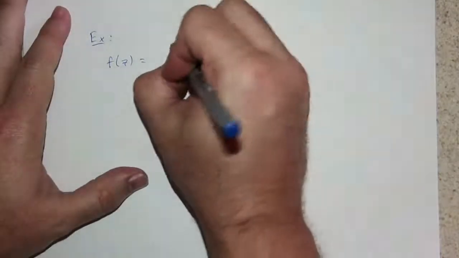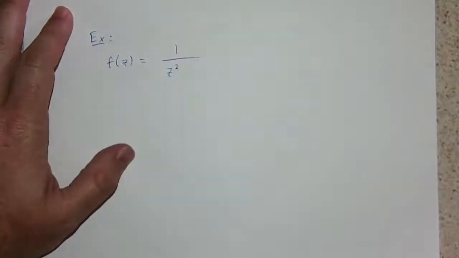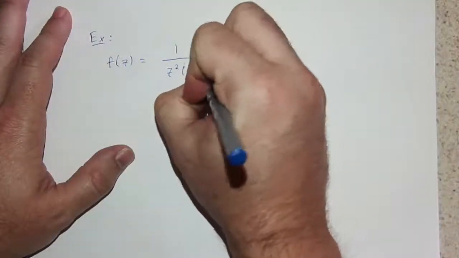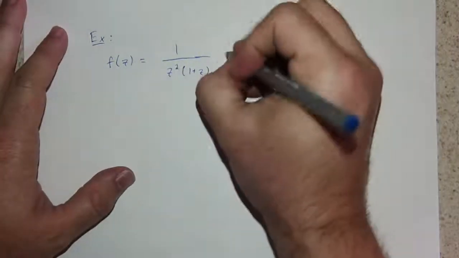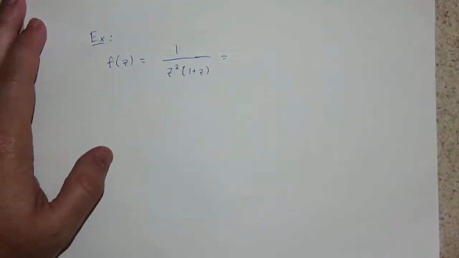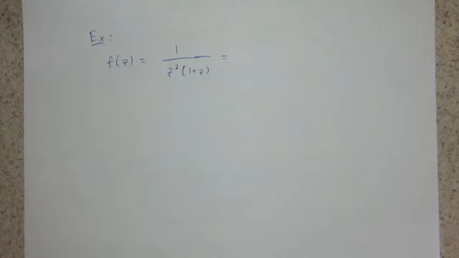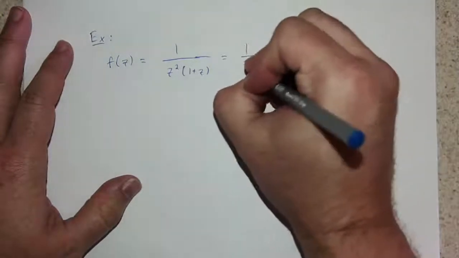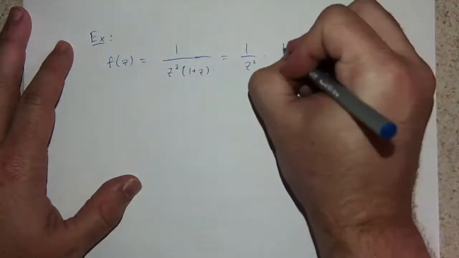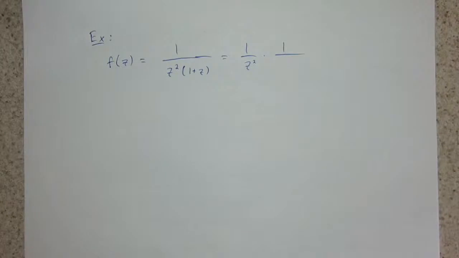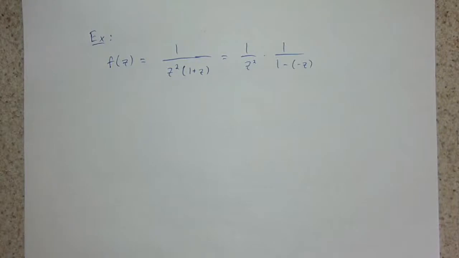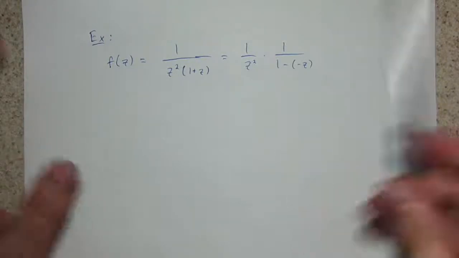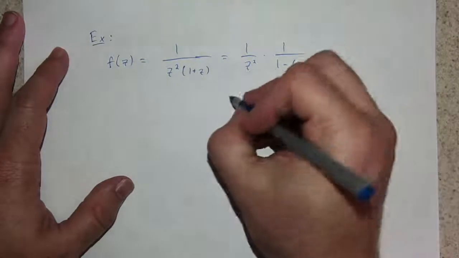What about f of z, that's 1 over z squared times 1 plus z. How do I want to write this to make use of my algebra for Taylor series to come up with a Laurent series here? So here I can write this as 1 over z squared times 1 over what? I need 1 minus z here to use my geometric series formula whenever z is within the unit circle. So what is this?